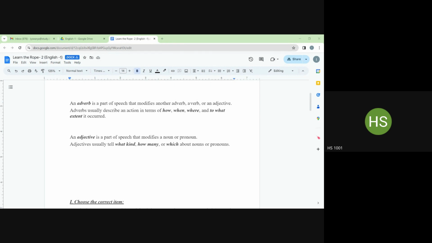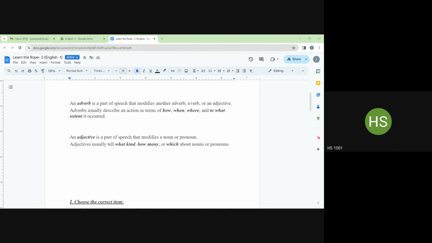Whereas the adverb will do that for a verb, an adjective, and another adverb. So it has three classes of words that it can modify: another adverb, a verb, and an adjective. Whereas for an adjective, it's only the noun. This is the primary difference between adverb and adjective in terms of what they modify.